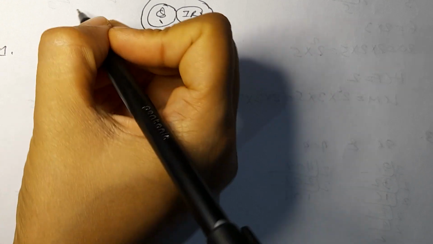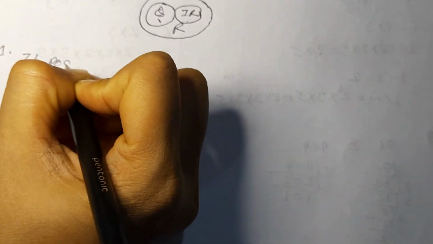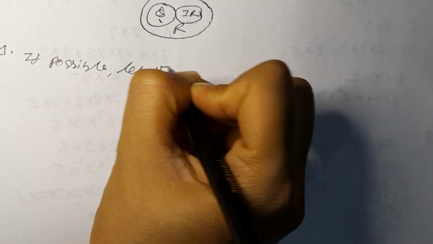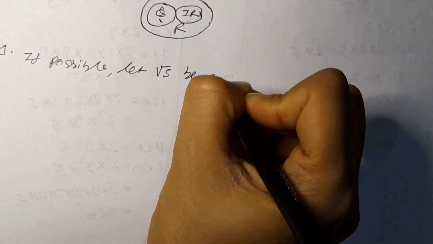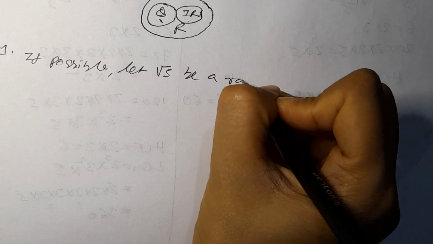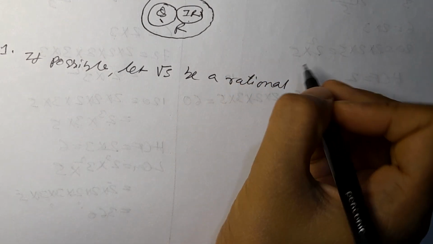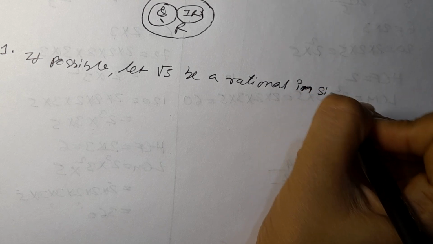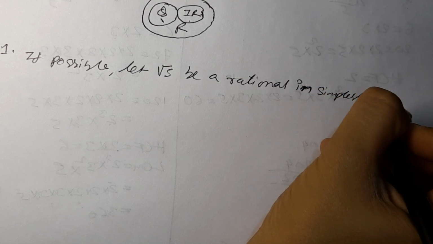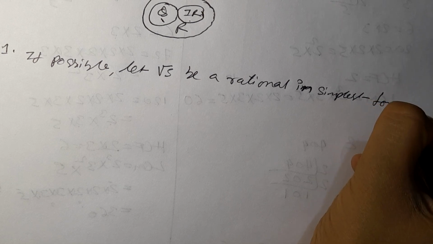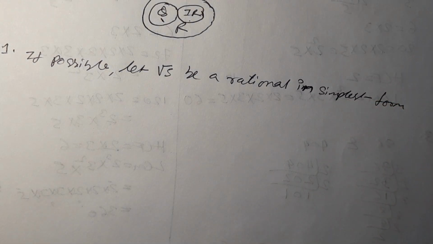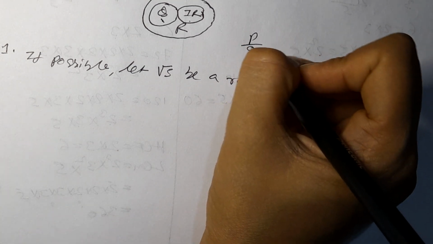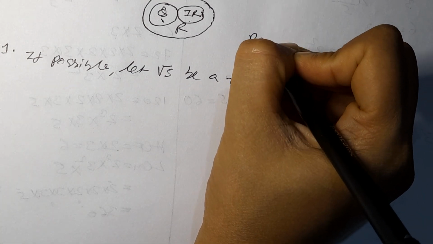We will consider, if possible, let root 5 be a rational number in simplest form. What is the simplest form? It will be in the form p by q, and p and q have no common factor other than 1.